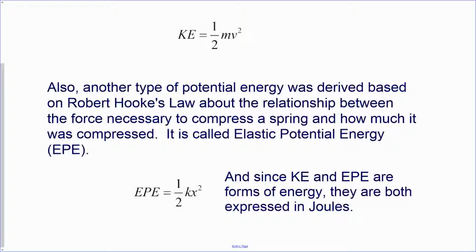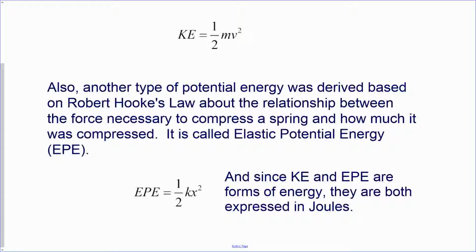Again, the k is the spring constant. That's a number in newtons per meter that depends on the type of material that the spring is made of. It tells you how stiff or how loose the spring is. X, again, is how far the spring is compressed or how far it is stretched.